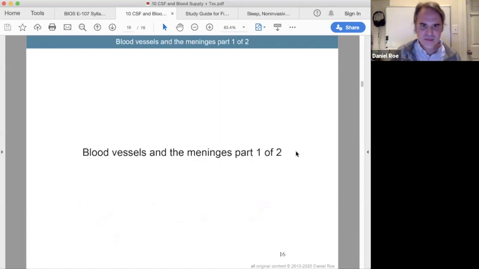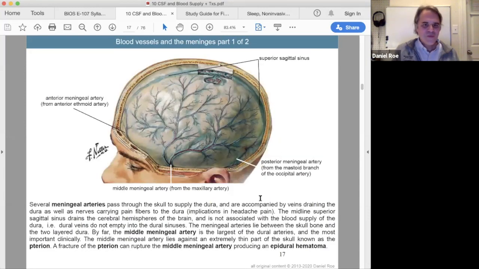So, blood vessels in the meninges, part 1 of 2. All right, the meningeal arteries. The most important meningeal artery by far is the middle meningeal artery. These meningeal arteries go along the outside of the dura mater, between the dura mater and the skull, but they're attached to the dura mater.